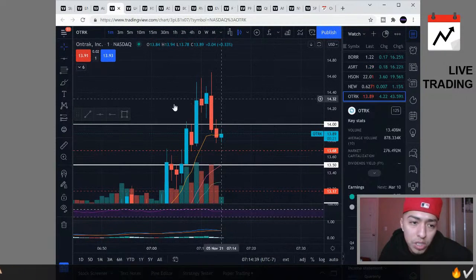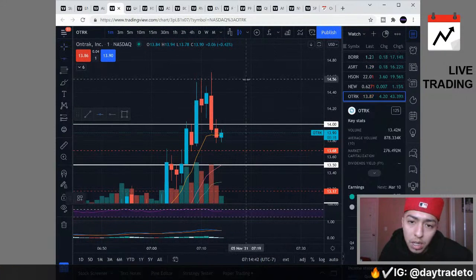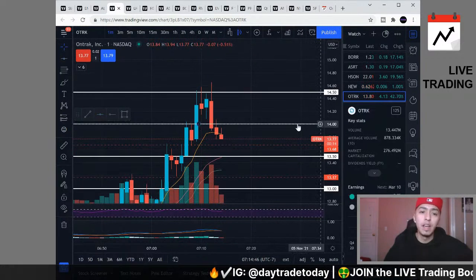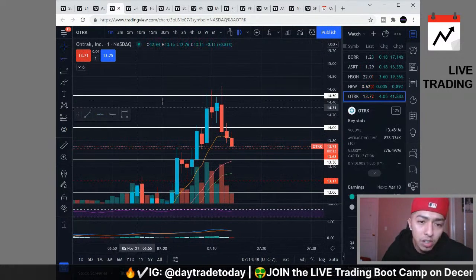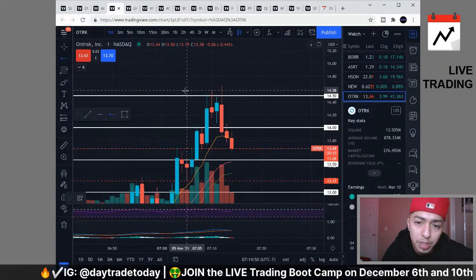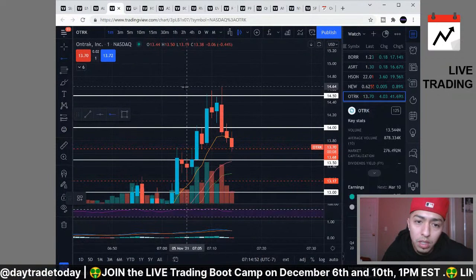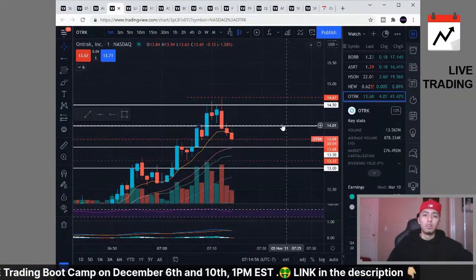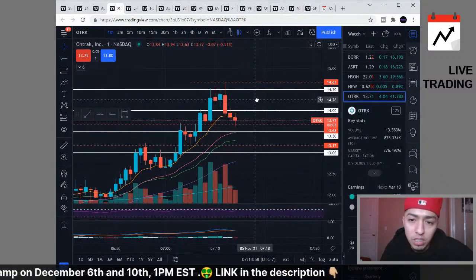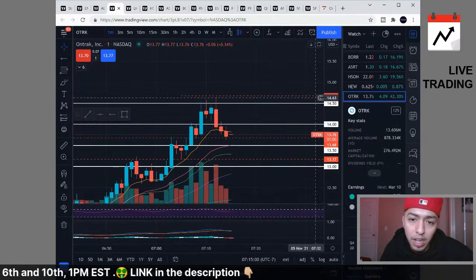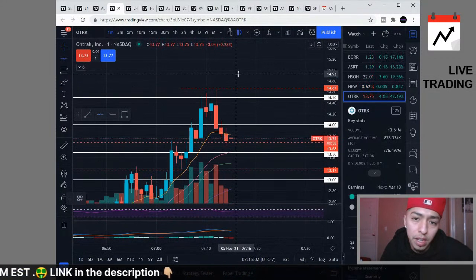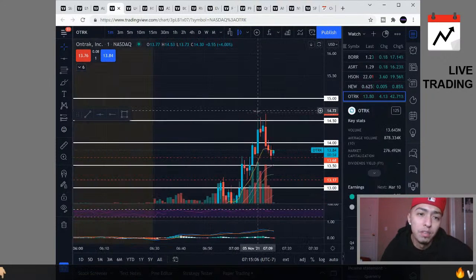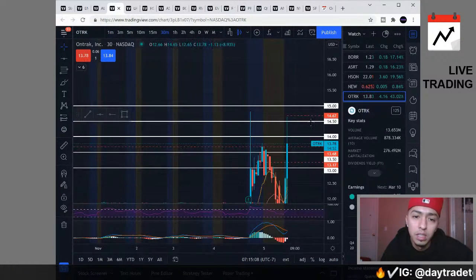Secondary entry on OTRK. Let me mark my 14.50 psych level. So yeah, the secondary entry on OTRK will be 14.67. 14.67 is your next entry on OTRK, and your exit would be $15.